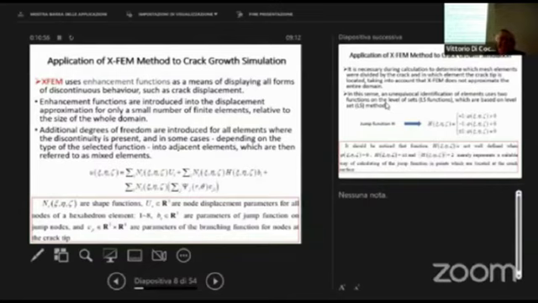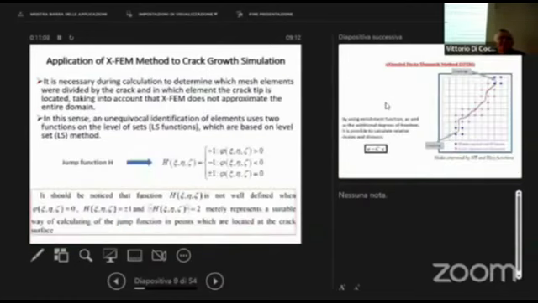Actually, that enabled simple use of the method with, of course, some other details like dividing, that we have to know which elements will be active during this process.